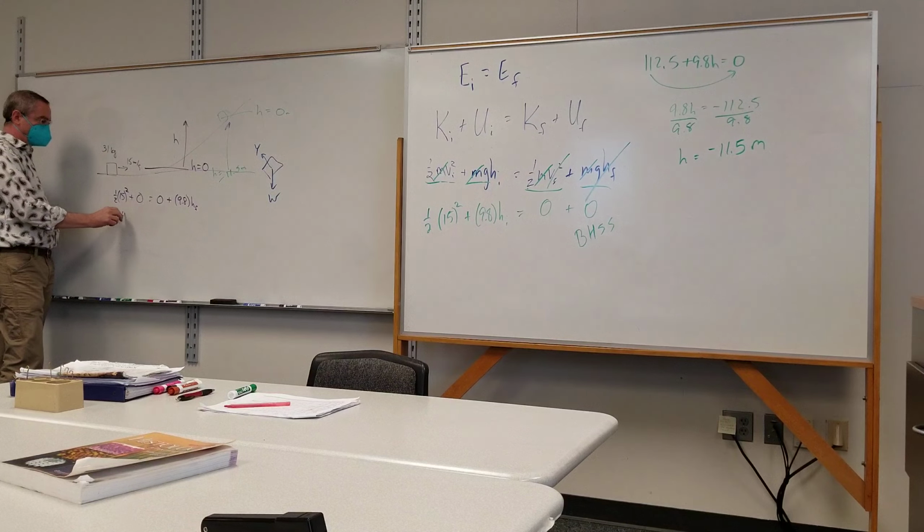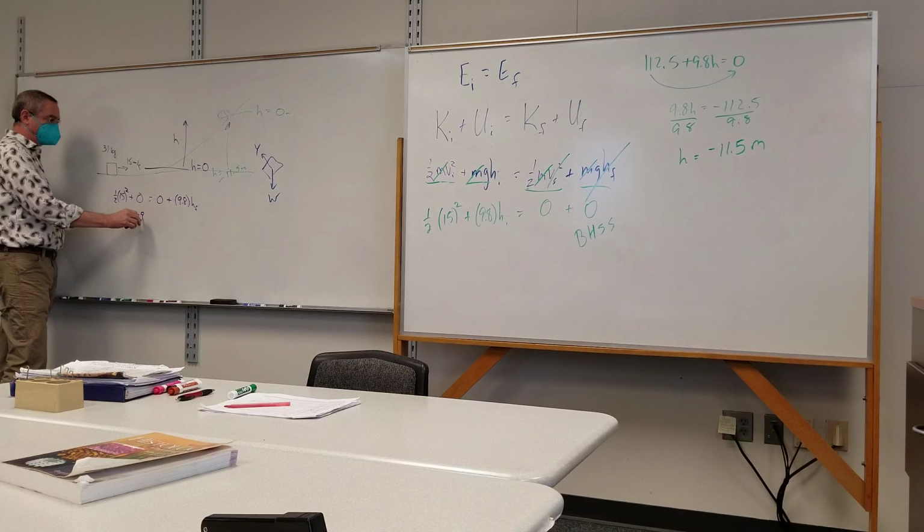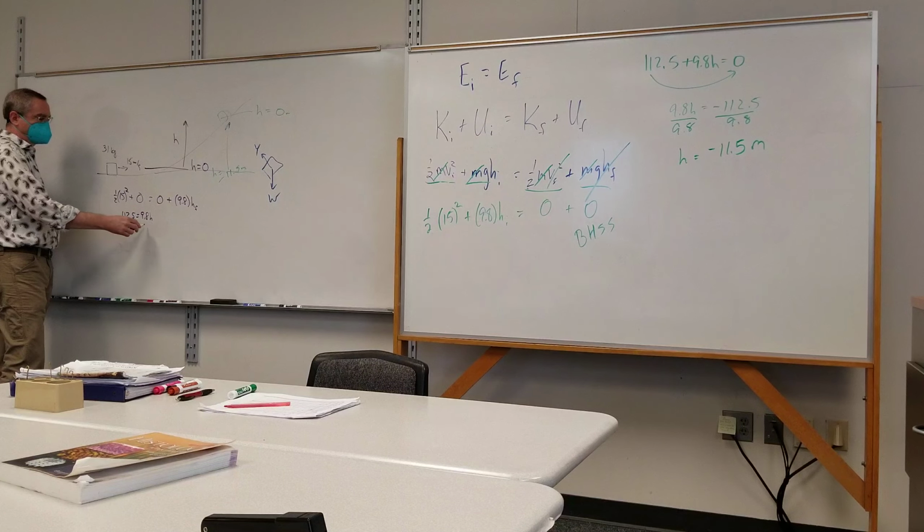And so this is 112.5 is equal to 9.8 times h. Which looks like it's about 11.5, I would say. So in the end, we get the exact same answer.